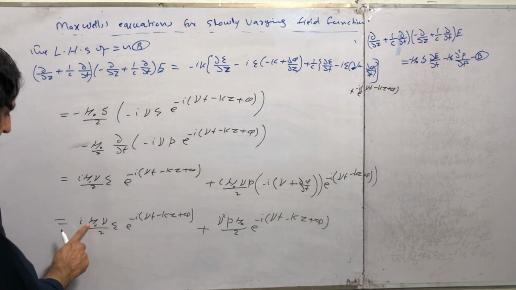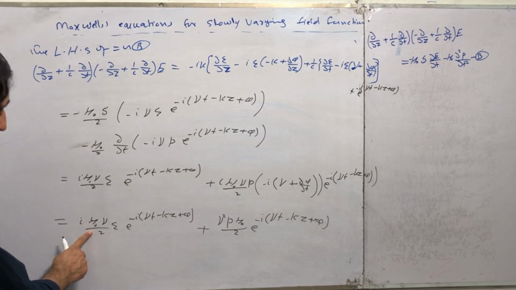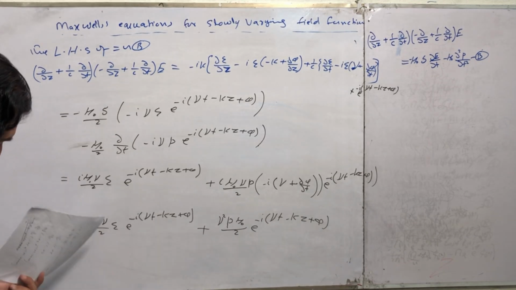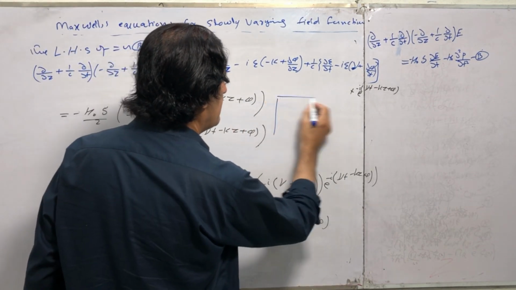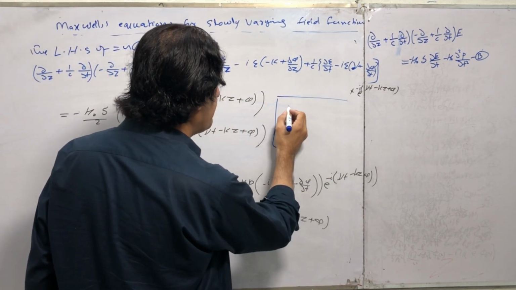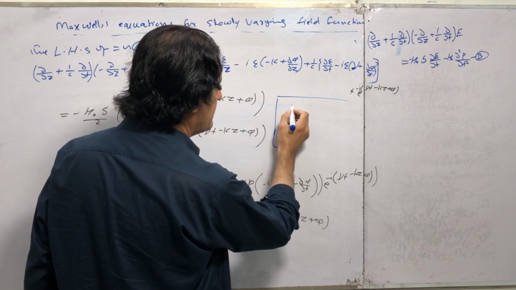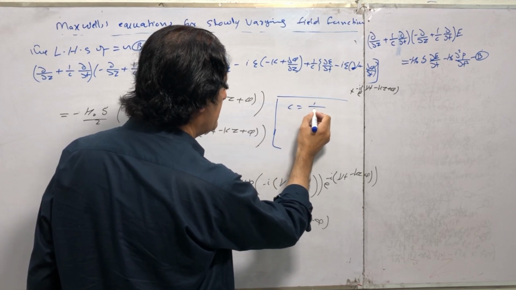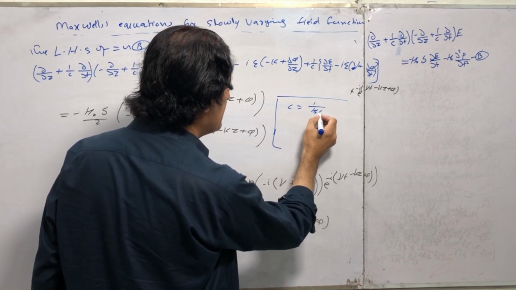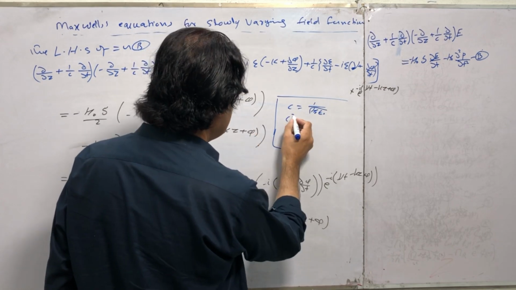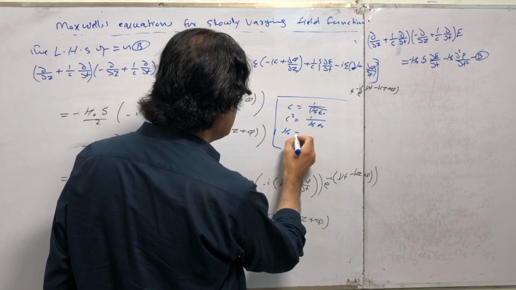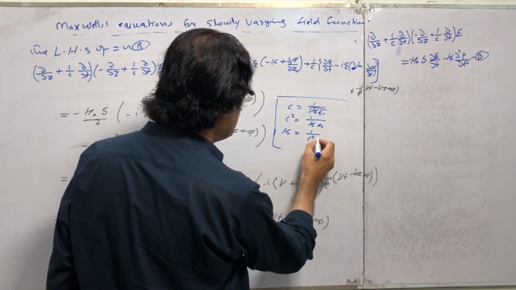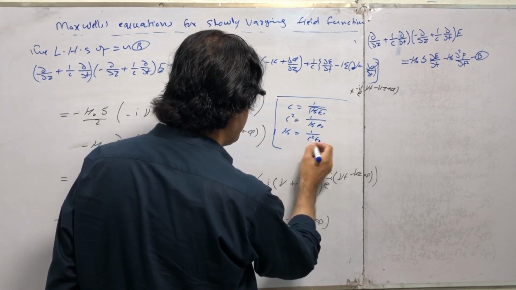One thing you can do here, if you find the value of mu naught, because we know c is equal to 1 over the square root of mu naught epsilon naught, then c square is equal to 1 over mu naught epsilon naught, then mu naught is equal to 1 over c square epsilon naught.